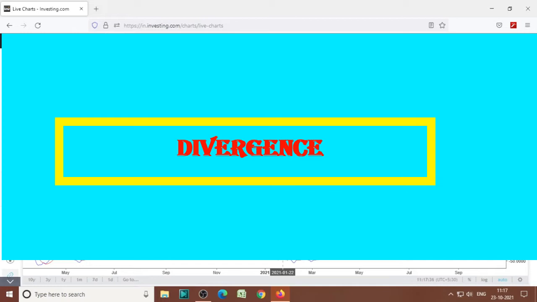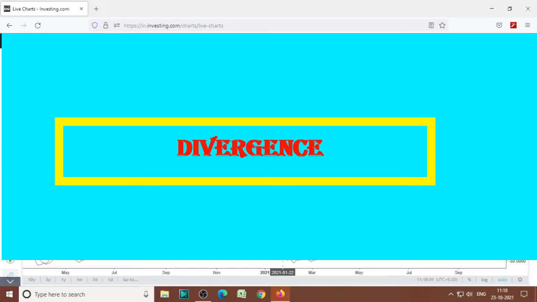Bullish divergence is when price makes lower bottoms but the indicator makes higher bottoms. That is called a bullish divergence, and we will only use this setup. So that is the intro of our setup.